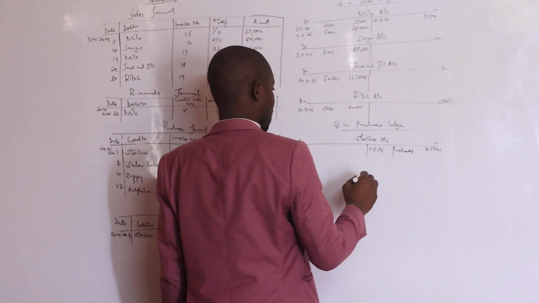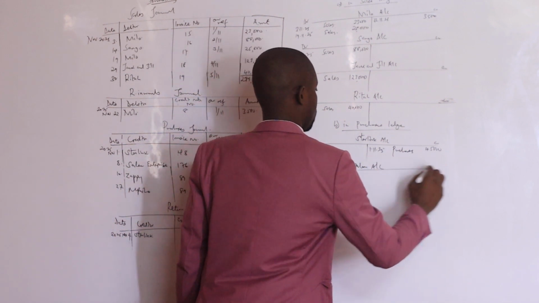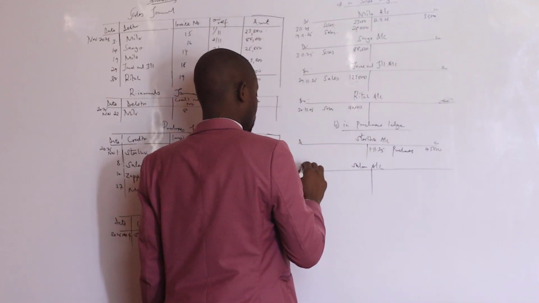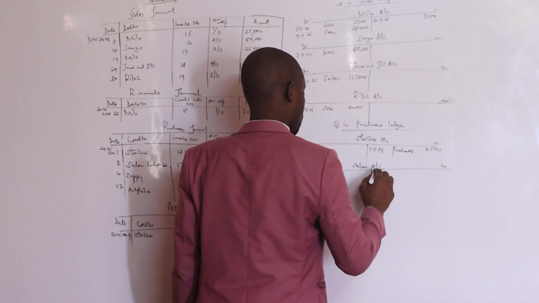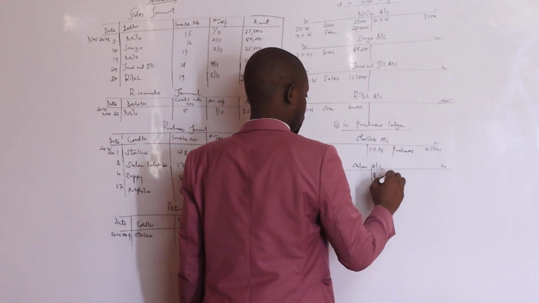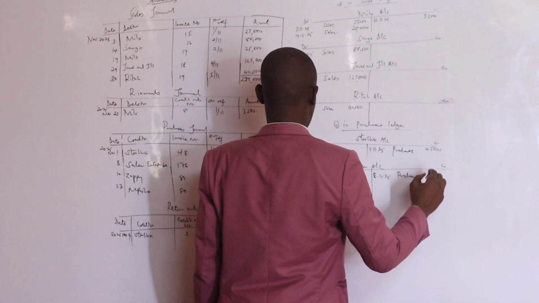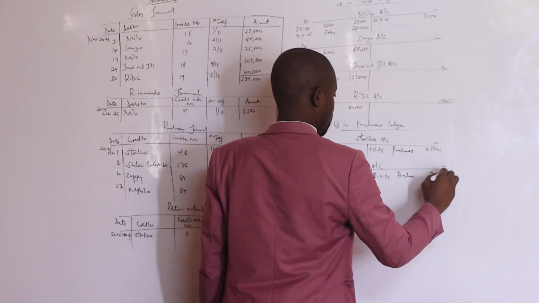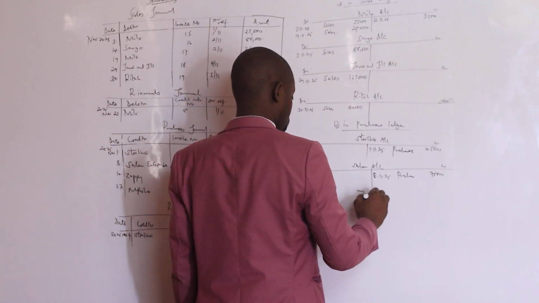Second one, Salam account. You have debit, credit. That is on 8th November 25, purchases. That is 75,000. Next, we have Zappi account.